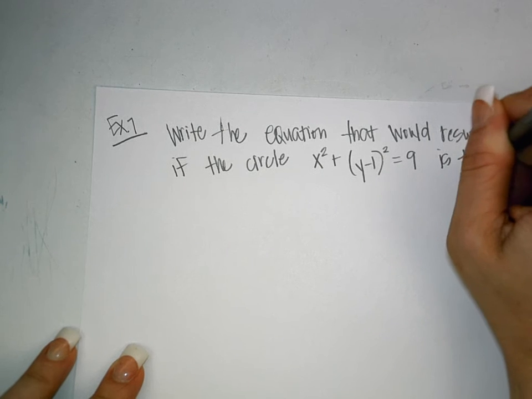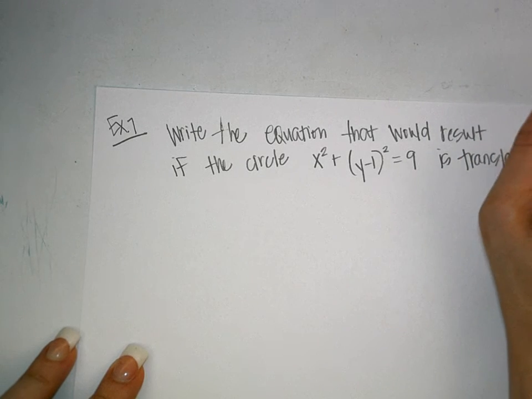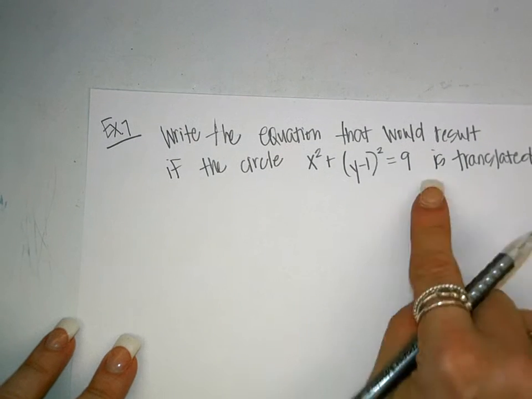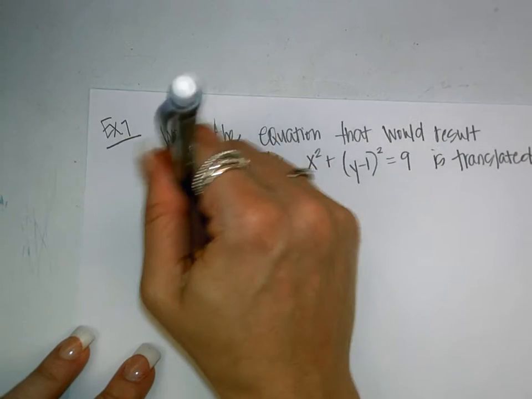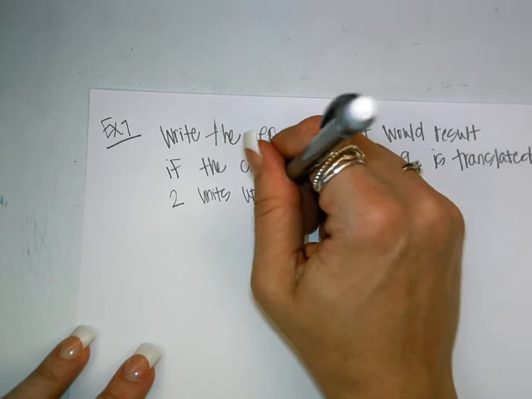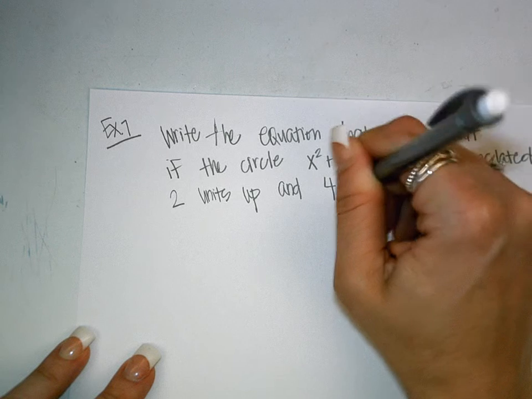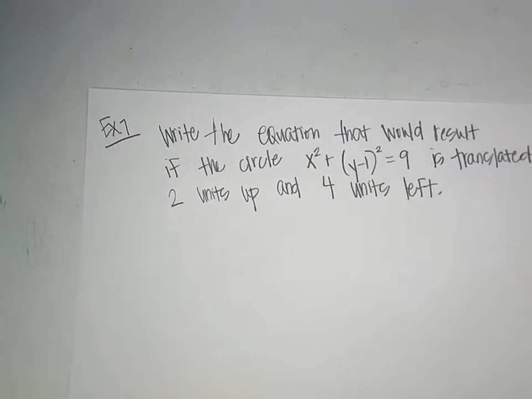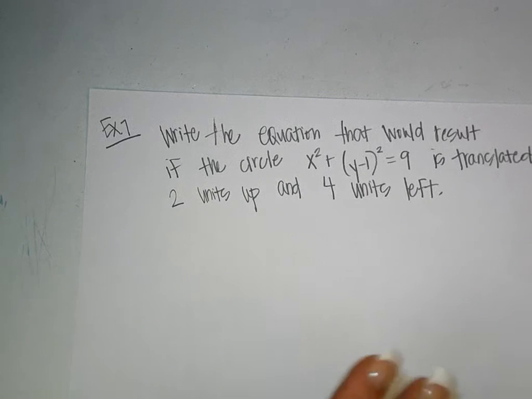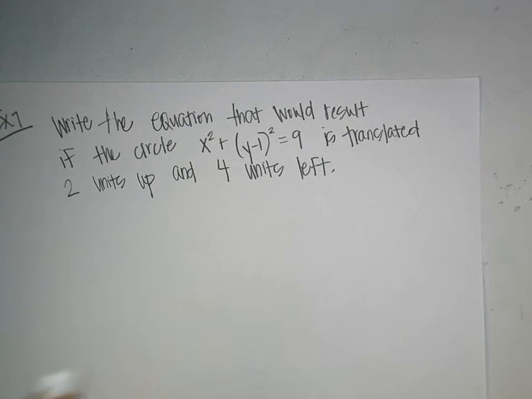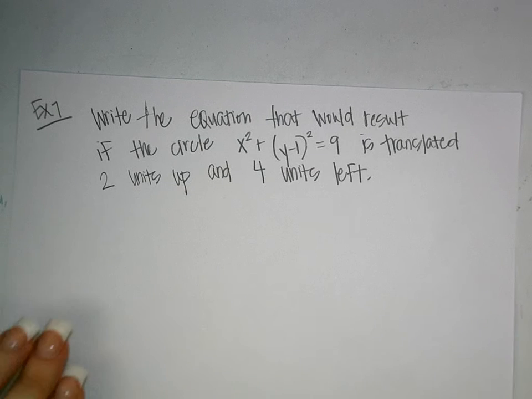What does it mean to translate something in math? Basically it just means picked up and moved. So it's translated, or moved, 2 units up and 4 units left. So write the equation that would result if the circle x² + (y − 1)² = 9 is translated 2 units up and 4 units to the left.